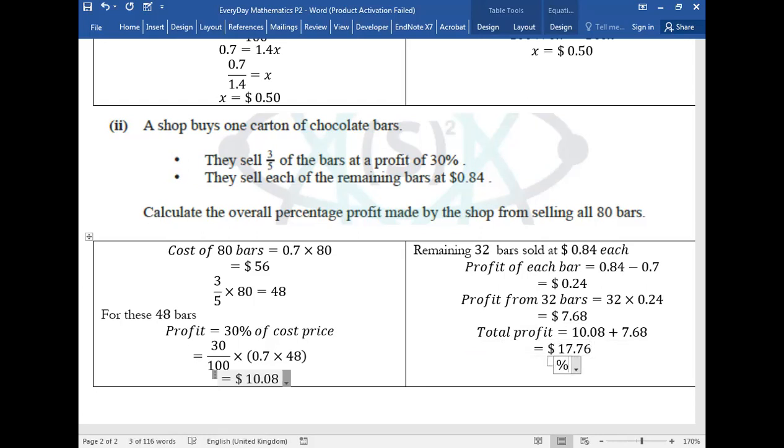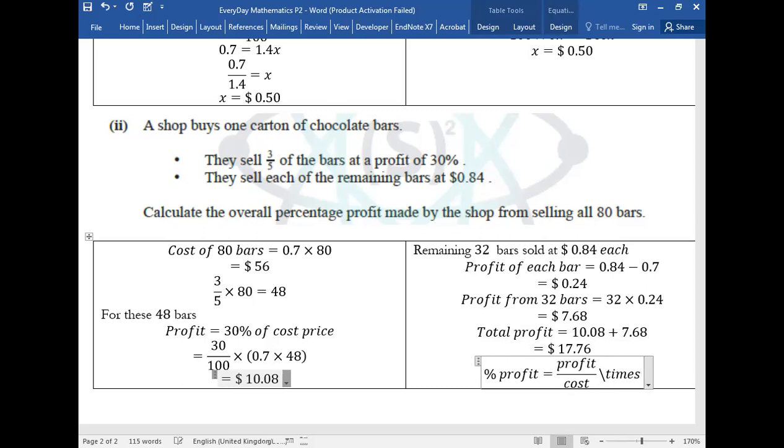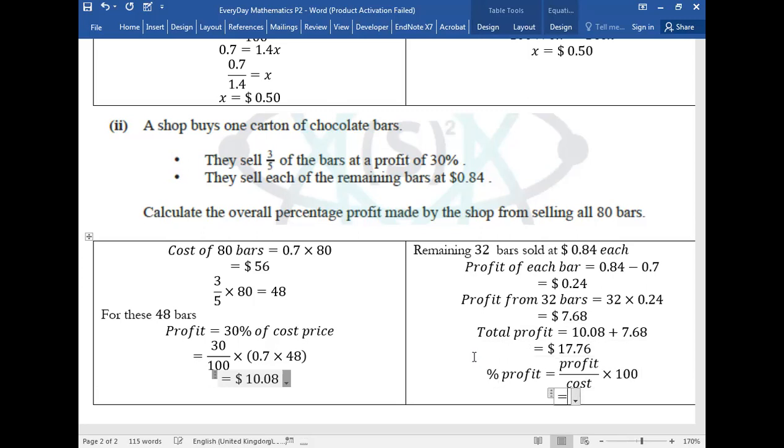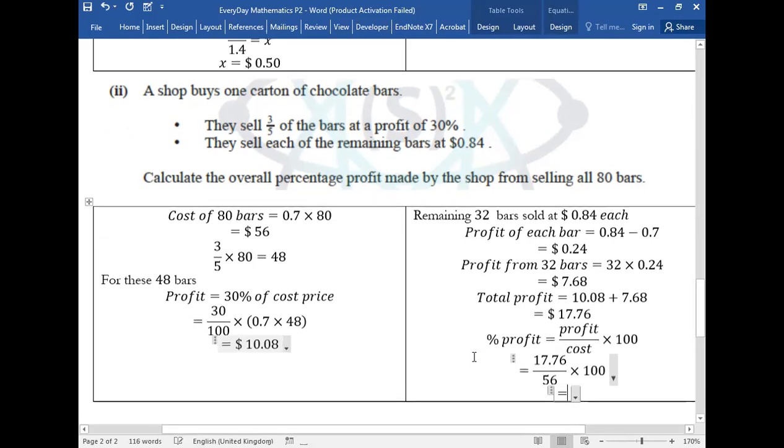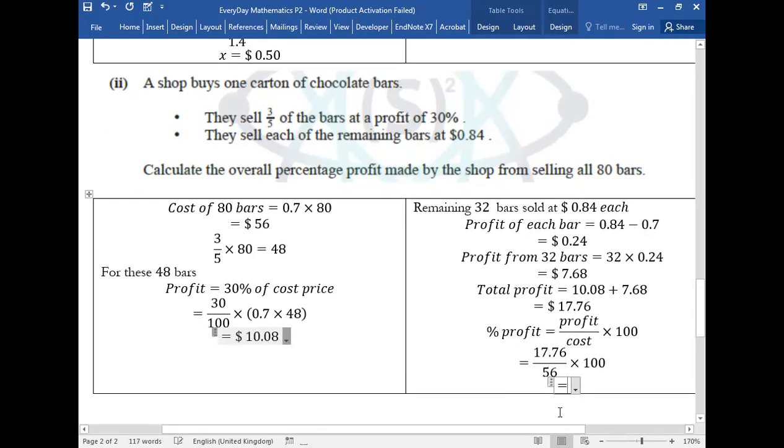So percentage profit is found by taking profit divided by cost, 100. Profit is 17.76, divided by cost was 56. Sorry, again, I'm trusting you with the values.